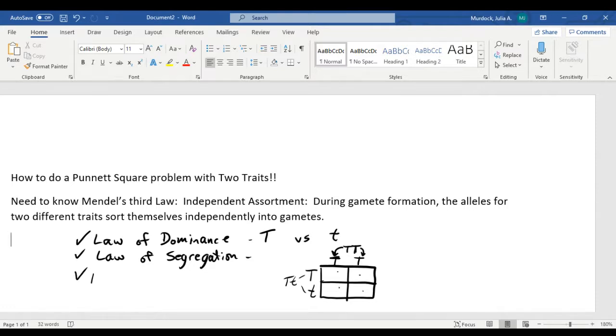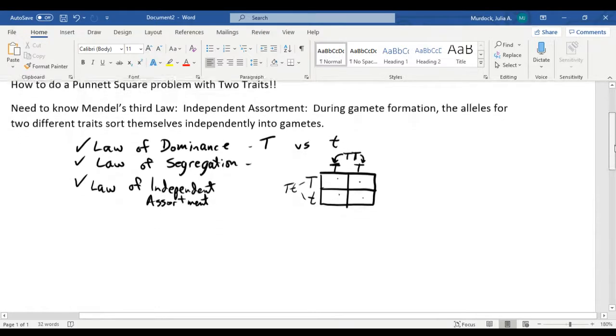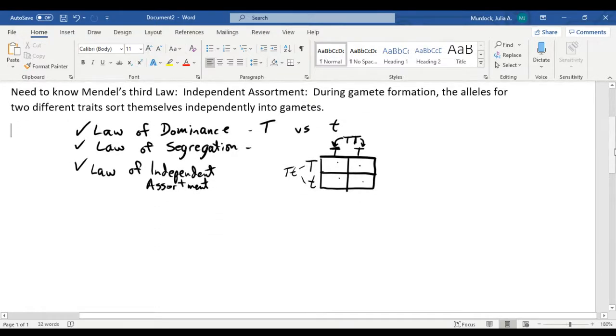So how does the law of independent assortment fit into that? Independent assortment is only going to come into play when you're crossing more than one trait at the same time.